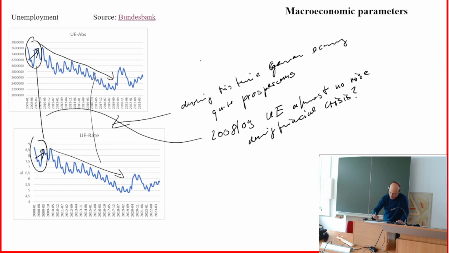Well, the explanation is just, well, there was unemployment, but you don't see it in the numbers. And this was due to short work. We just defined the people not to be unemployed. So the companies could say, well, we are going to short work, and then the people were formally still employed, but they didn't work.